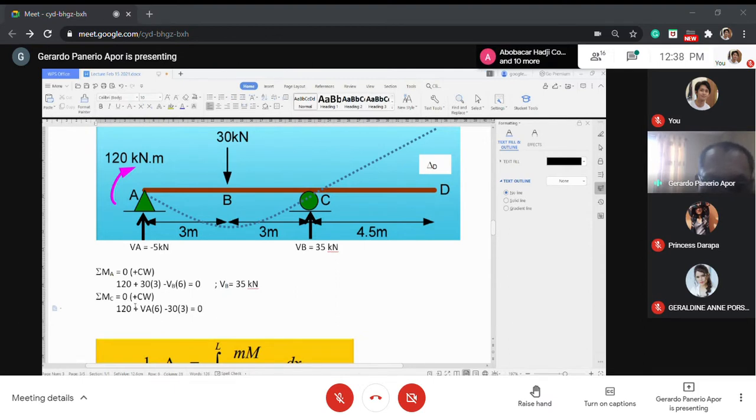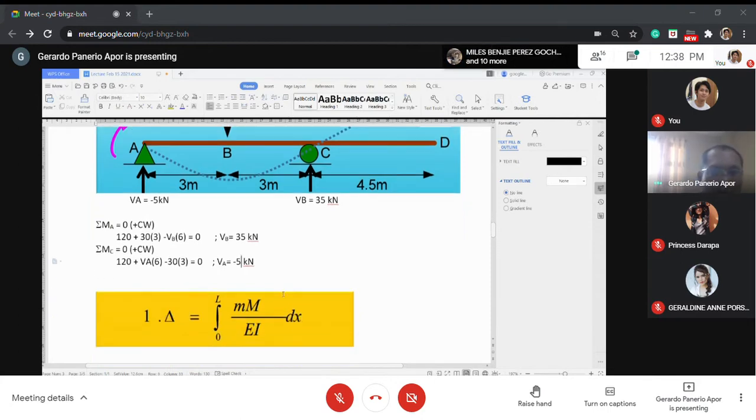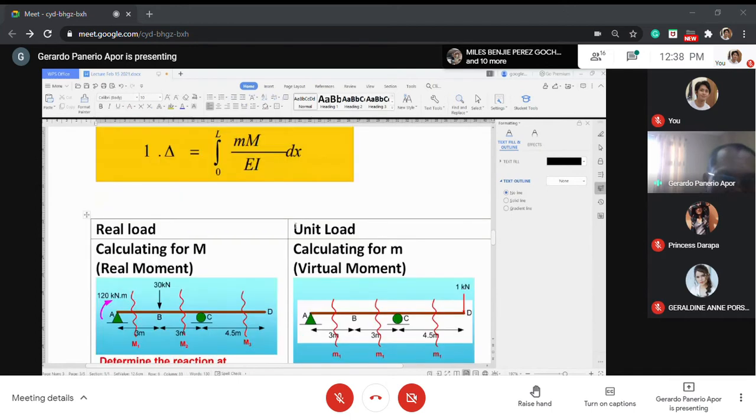So from there you can have BA. This is A, this is B. Okay, this one has to be computed. So 30 is transposed to the other side, it becomes positive 90 minus 120. That's negative 30 divided by 6 is negative 5, meaning that this is not the assumed direction. Anyway, that's it. Okay, so that is to determine the reaction.